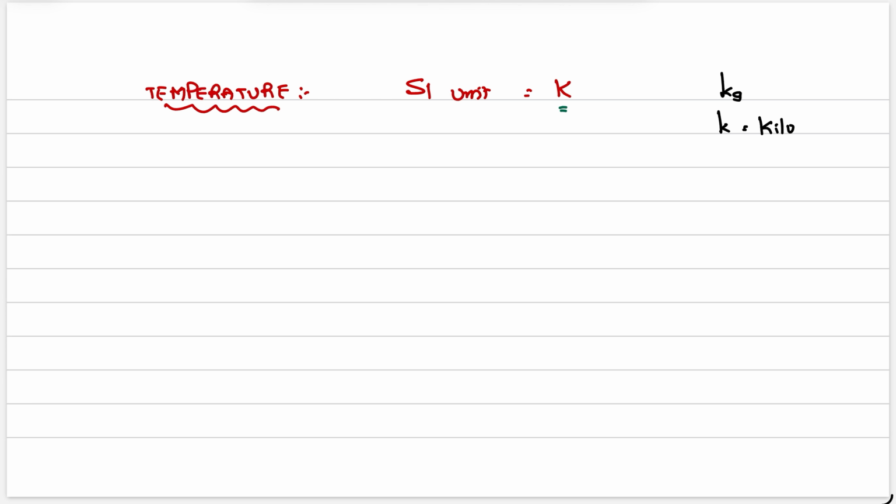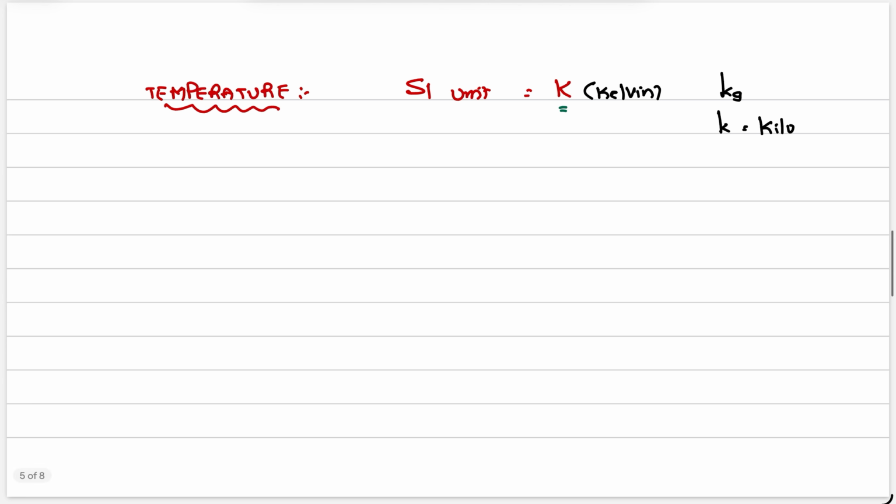Both have the same letter, but small k is kilo, capital K is Kelvin. This is Kelvin, this is for temperature. This is for kilo measurement: kilogram, kiloliter, whatever you want to measure.